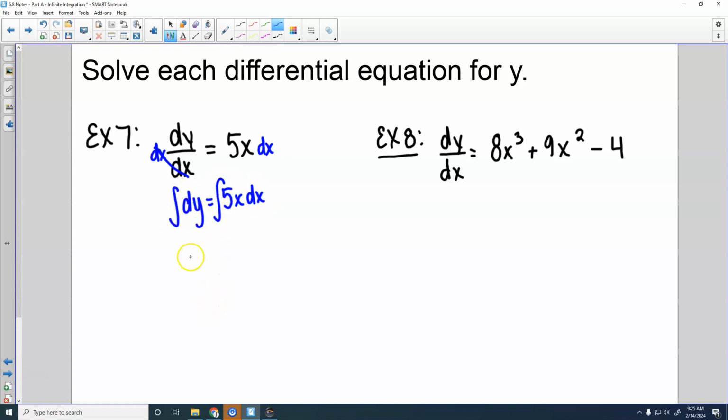On this left side we would get y plus c, right? And over here I would get x squared, and then I got to do 5 divided by 2, so 5 halves x squared plus c. I'm going to call this c1, I'm going to call this c2.